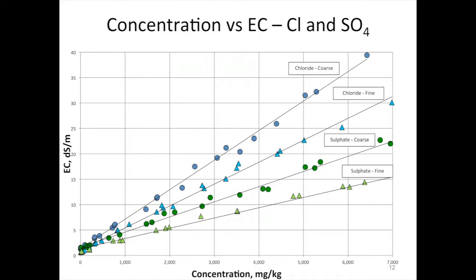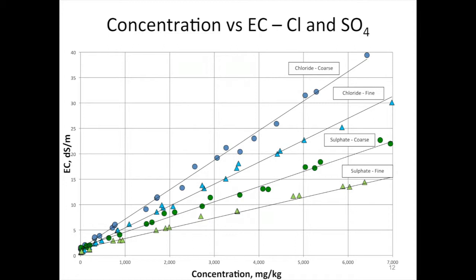What this is, for each of those concentration series, we measured the ion concentrations, and we also measured EC, and that enabled us to develop the relationship between EC and chloride or sulphate concentration. And quite often in doing salinity type work, we do want to be able to convert between EC and ion concentration.